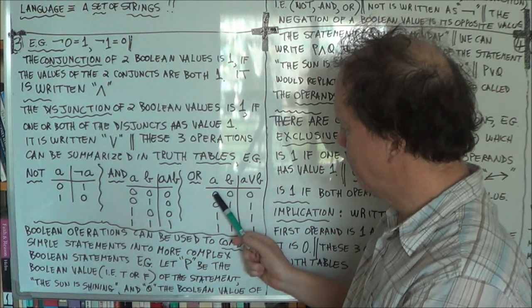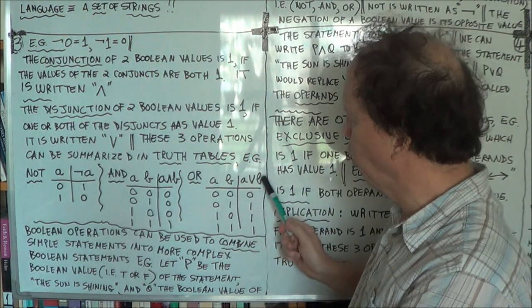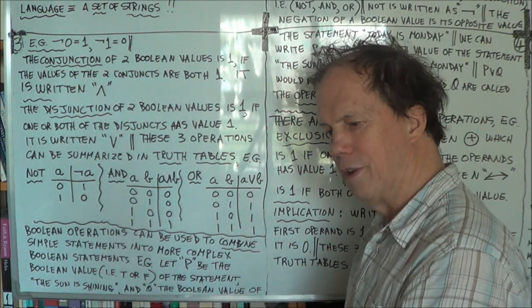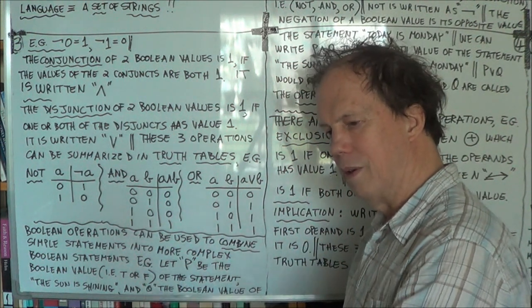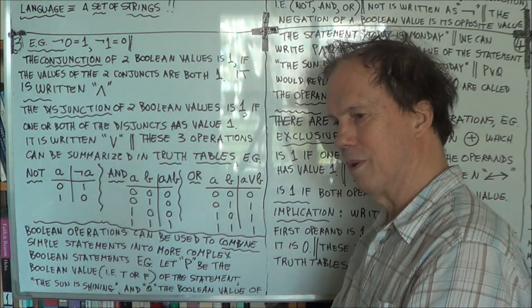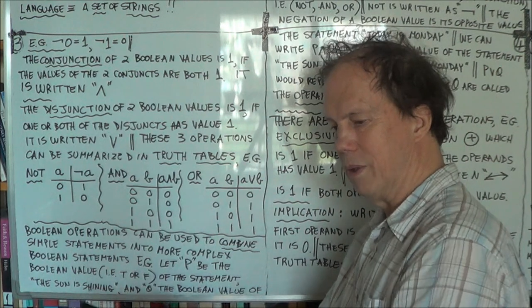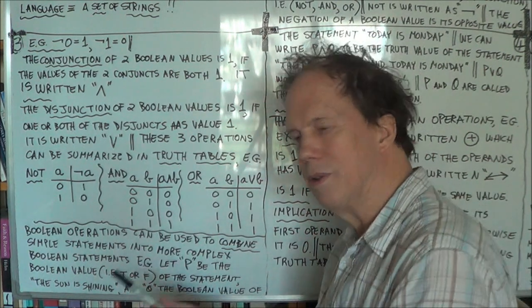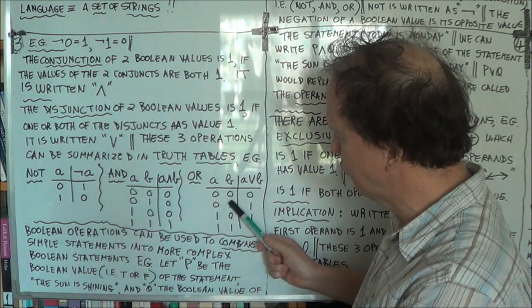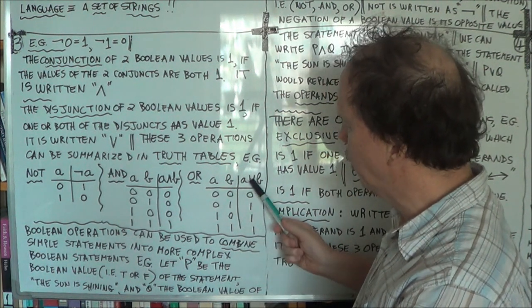So if both are 0, A or B will be 0. Like if A is false and B is false, they're both false. So A or B would need to be false. Okay? But in the other three cases, if just one of them, or both, if one of them is true, then A or B is true.